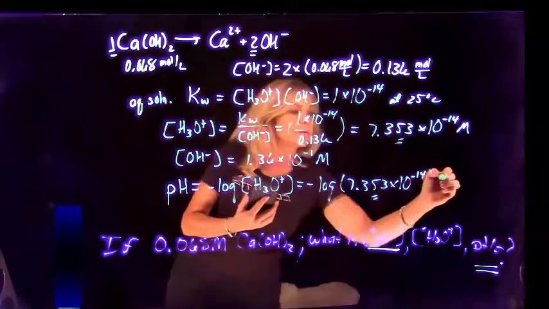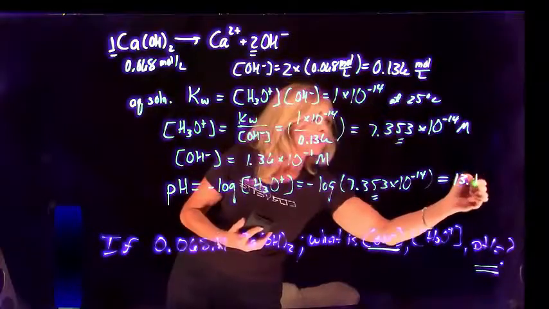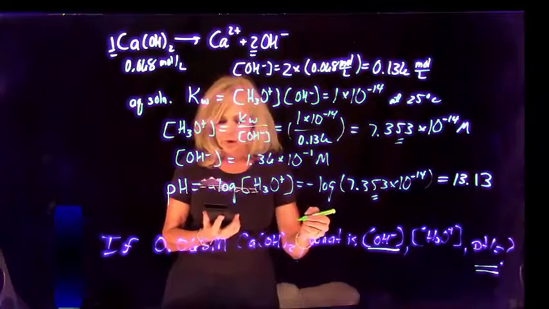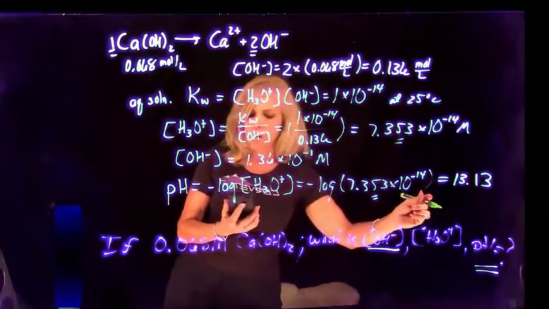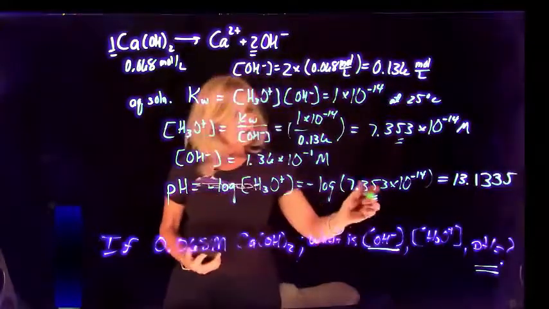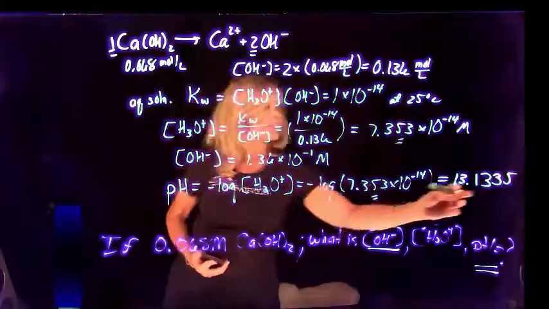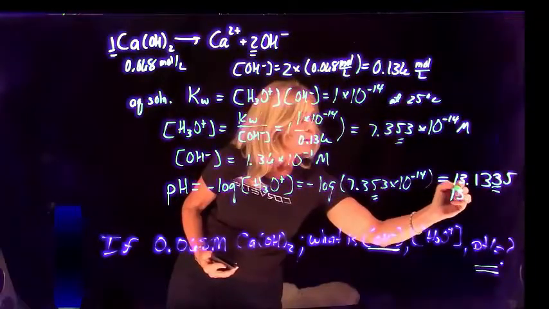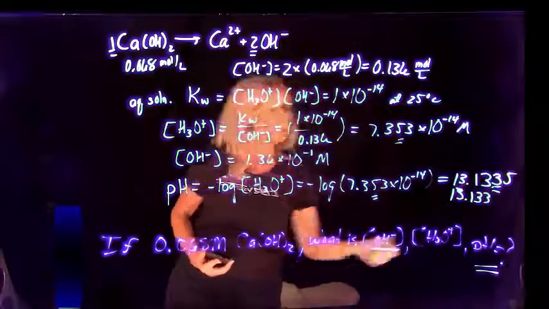Okay, and I come up with a value of 13.13. Taking the log, I need to go one more: 13.1335. I actually had 3 sig figs, therefore I have 3 decimal places. So 1, 2, 3, last sig fig. So 13 point, that's a 3, 1, 3, 3.